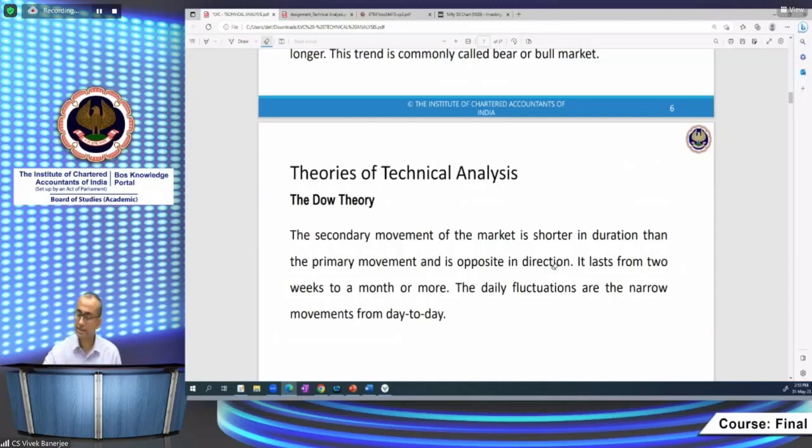Now let us understand this Dow theory with the help of a practical example.